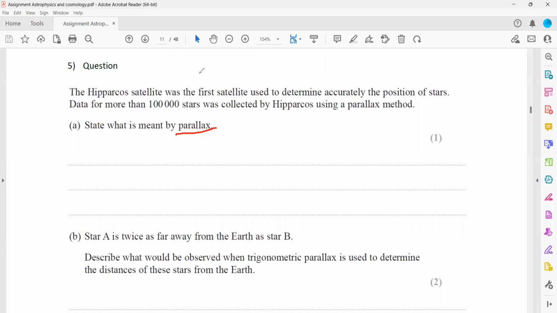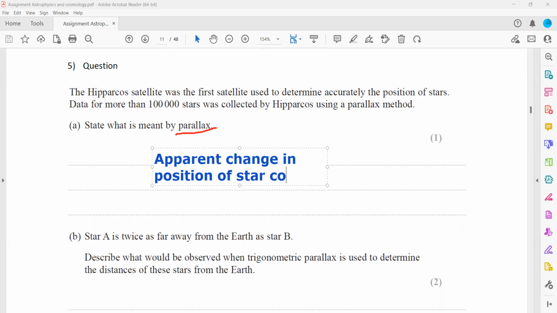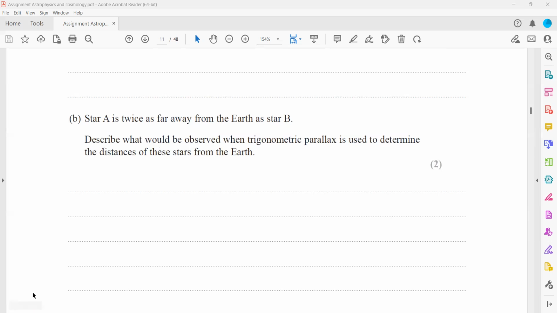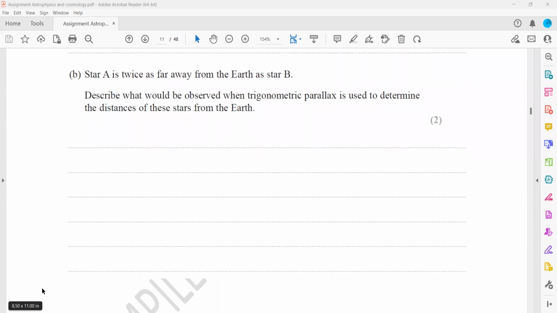So the apparent change in position of a star compared to its background is known as the parallax. We also say trigonometric parallax if we use the angle and observe for a duration of 6 months.